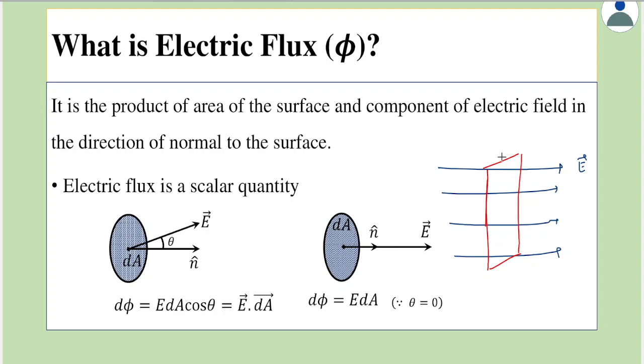In that case, the flux is given as the product of the area of the surface and the component of the field in the direction of the normal to the surface.